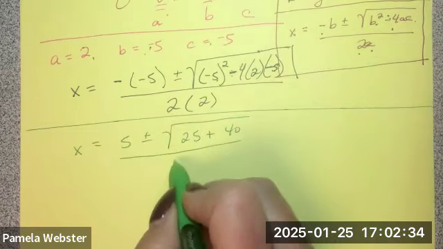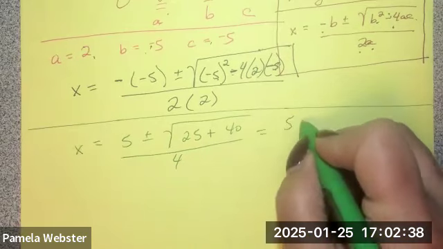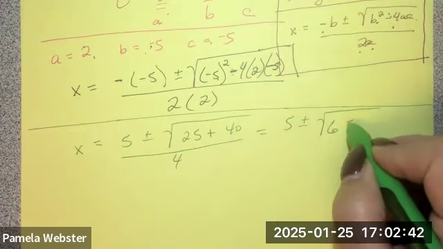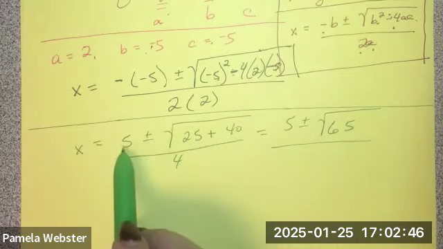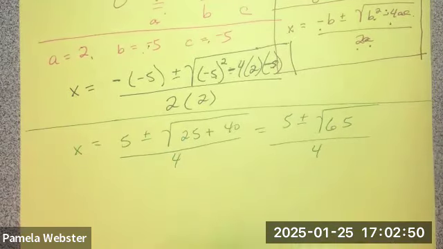All over 2 times 2 is 4. We're not finished yet, but I want to clean up what's inside the square root. So 5 plus or minus the square root of 65, all over 4.